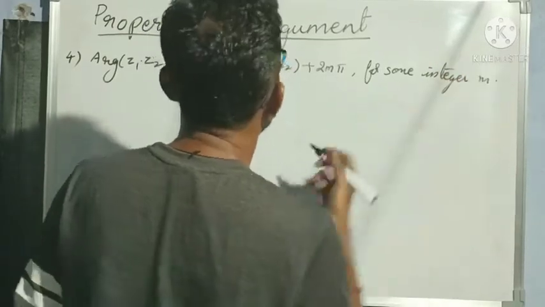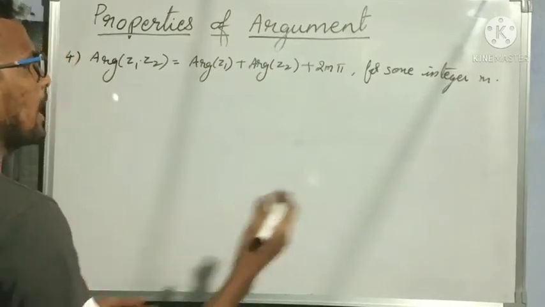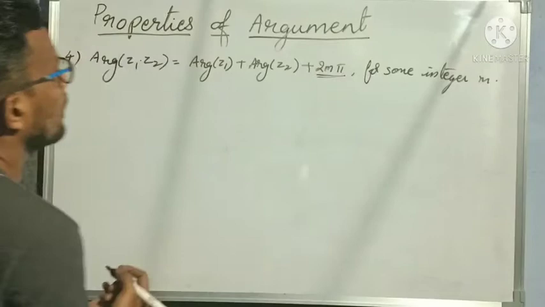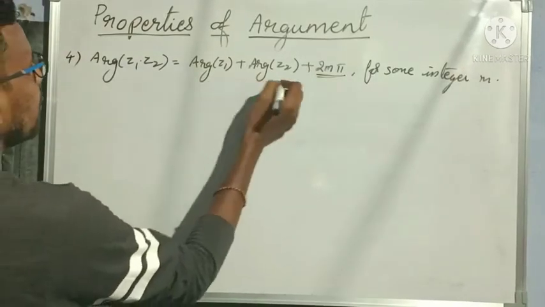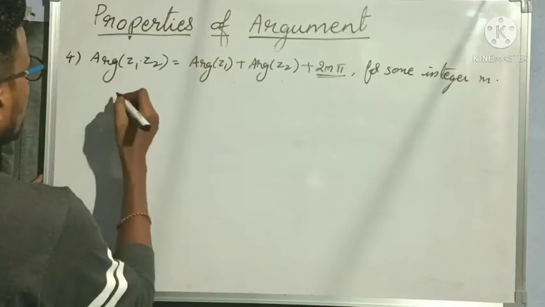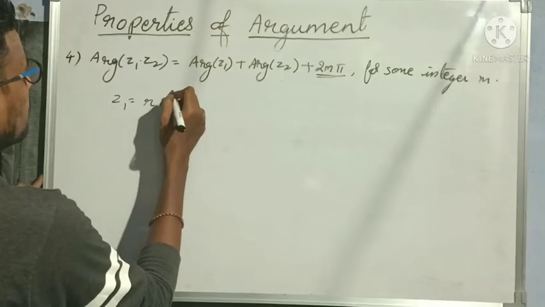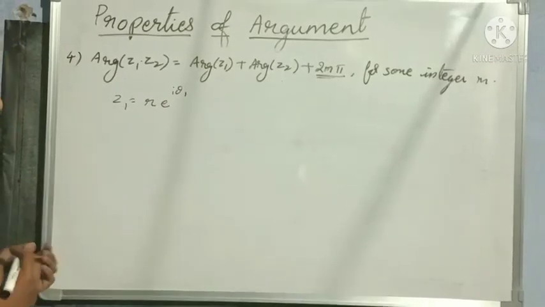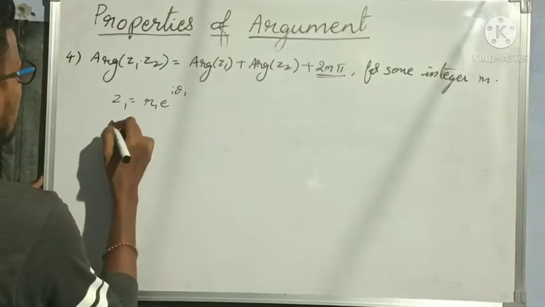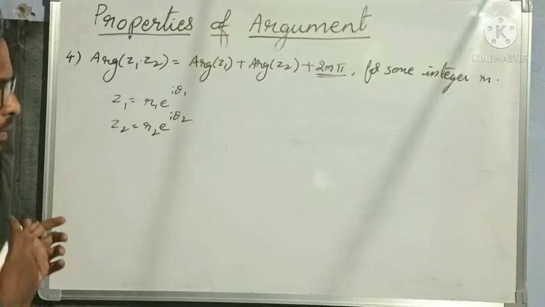If you are taking any integer m, it means the argument value is not in the principal value, then we can use this 2m pi. See here, the argument of z1 into z2 is equal to the argument of z1 plus the argument of z2. Let us take Euler's form: z1 is equal to r1 into e power i theta 1, and z2 is equal to r2 into e power i theta 2.